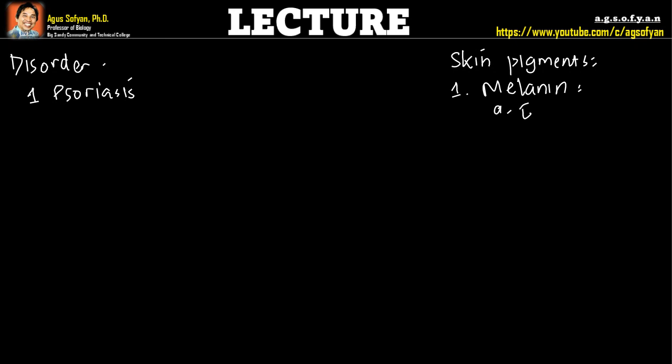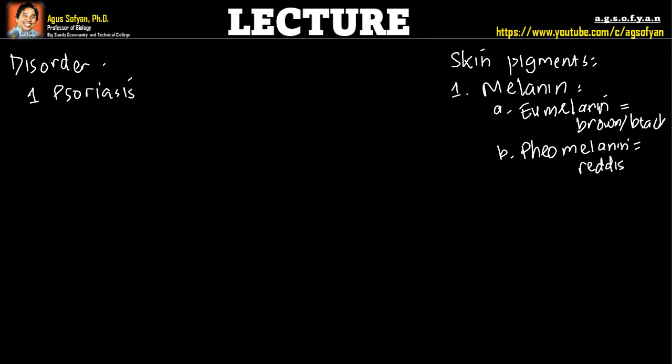Eumelanin is a brownish-blackish pigment, a bronze or black pigment. And pheomelanin is a little bit reddish pigment. So these are the main skin pigments in the skin.